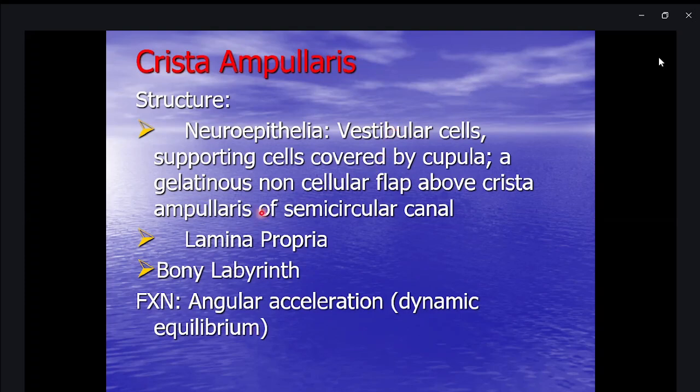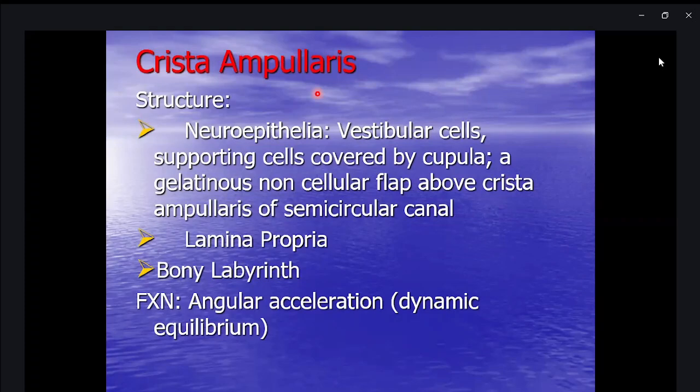So the crista ampullaris, by virtue of being in three planes, remember there was anterior, posterior, and lateral, all at right angles, detects angular acceleration. When you shake your head, that is angular acceleration, what we call dynamic equilibration.